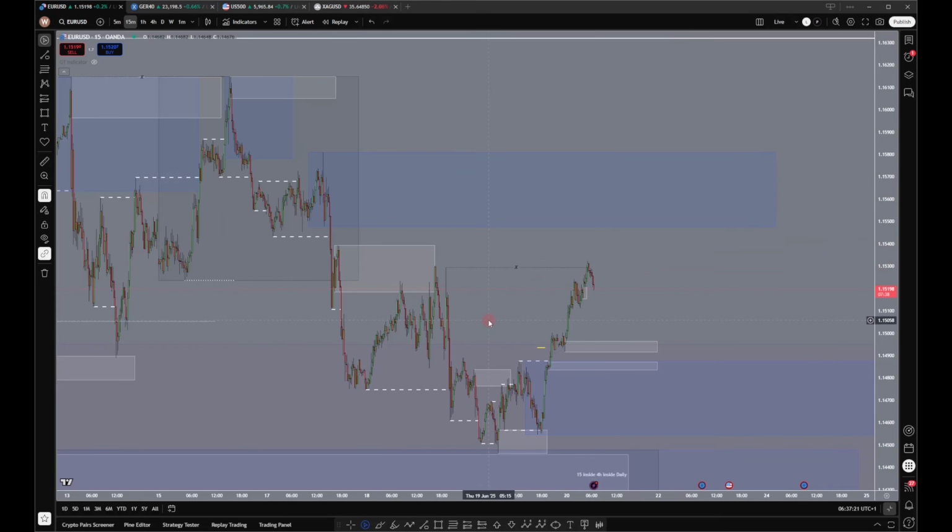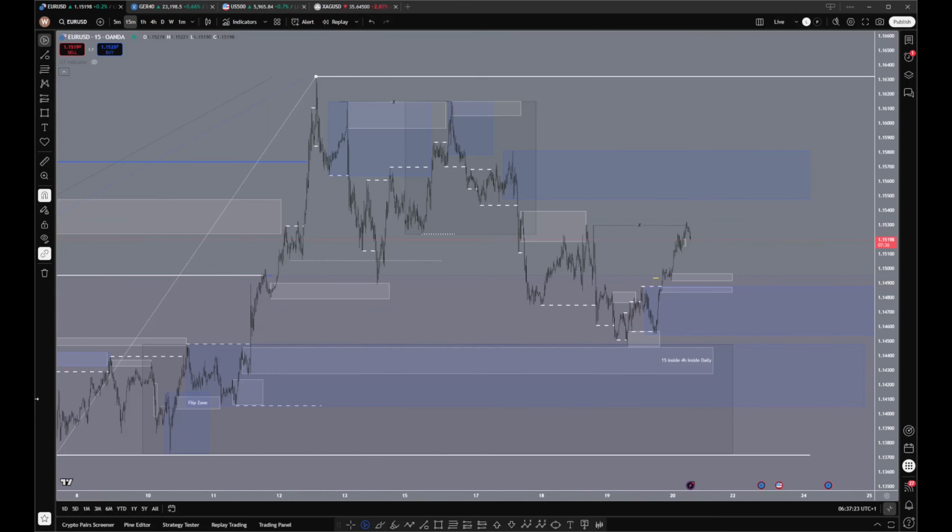So this swing leg is the internal leg of the 4 hour. So we know that we've mitigated demand in the discount. So it's likely that this leg, the 4 hour internal leg, is complete and we'll see 4 hour highs.